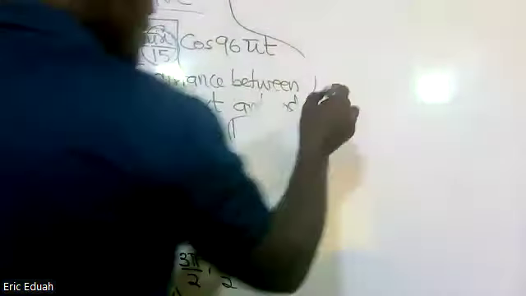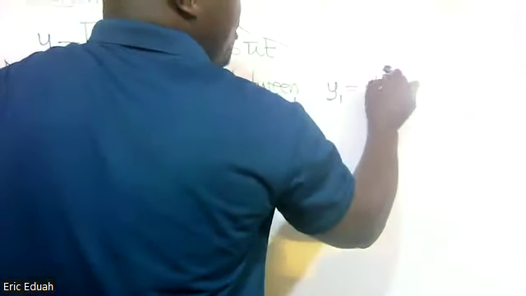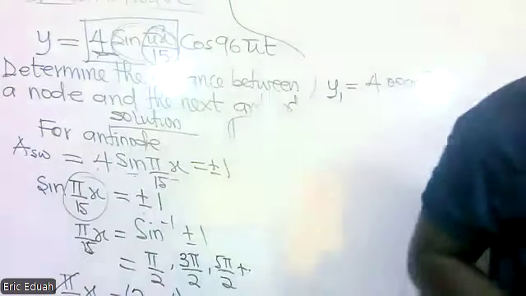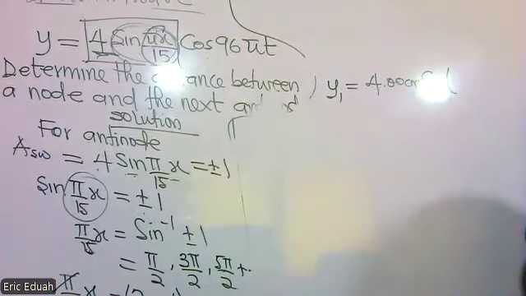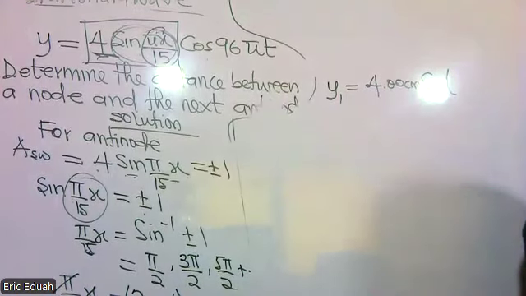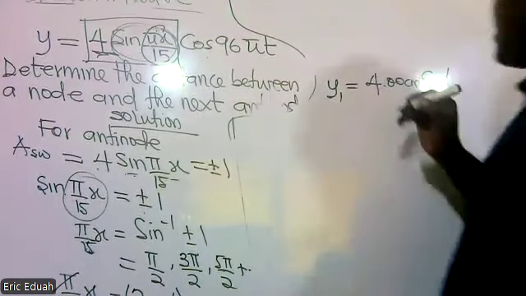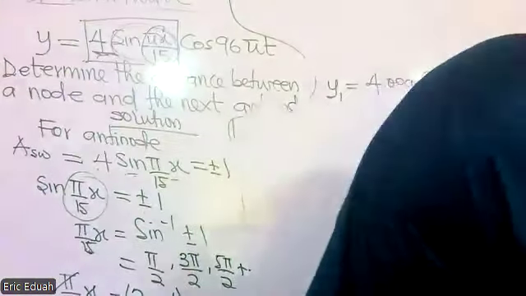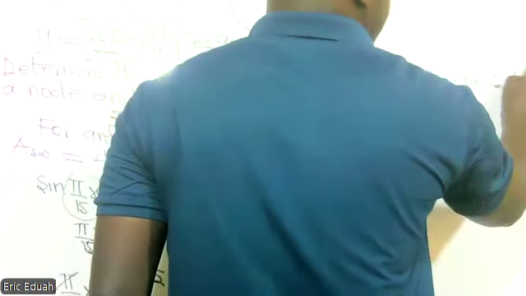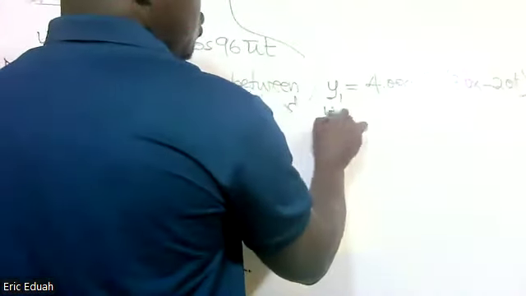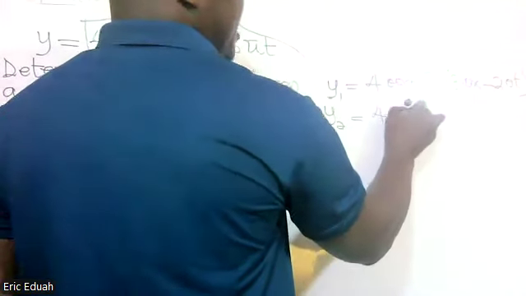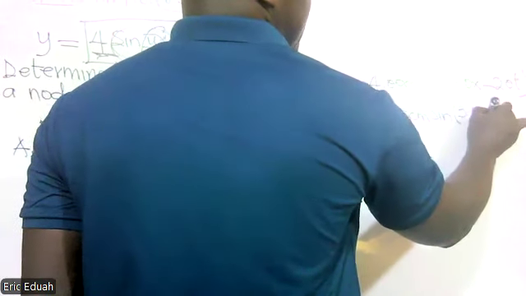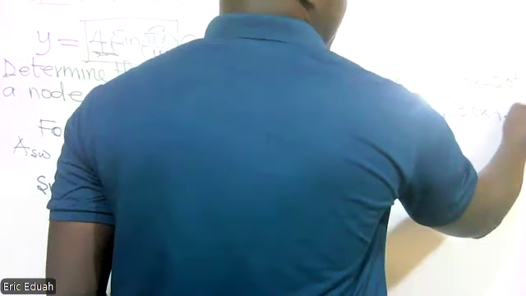The first progressive wave, Y1 is equal to 4.00 centimeter sine 3.0 x minus 2.0 t, and Y2 is 4.00 centimeter sine 3.0 x plus 2.0 t.